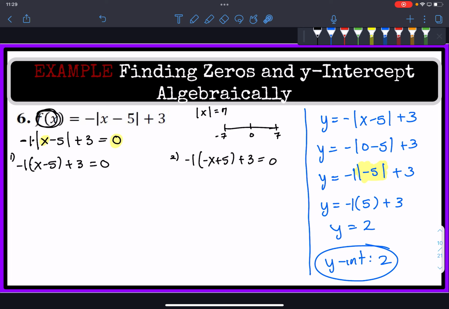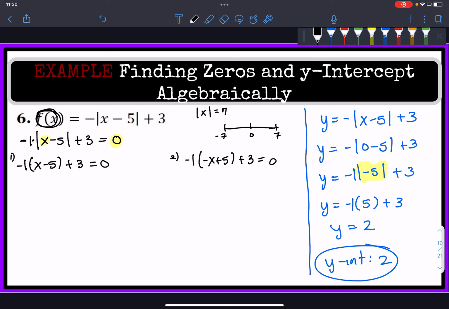So we have to consider the two cases where we can take the absolute value of positive 7, and that's going to give us 7, or we can take the absolute value of negative 7, which also equals 7. So considering those two cases, the first case keeps everything the same, and the second case considers it if it's on the left side, the negative side, which means that everything becomes the opposite. Solving these two cases individually, we're going to get two different intercepts, meaning we're going to cross the x-axis in two different locations, two zeros.